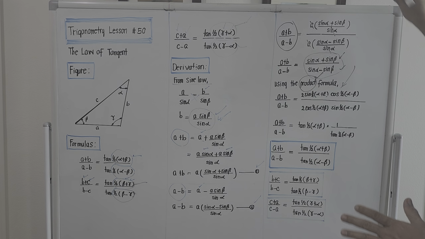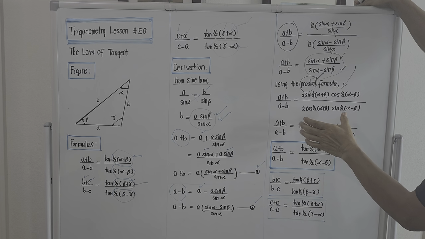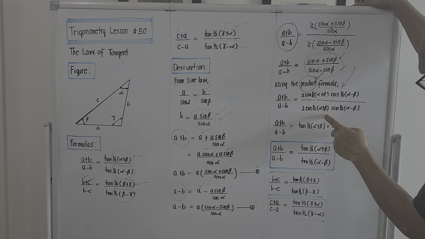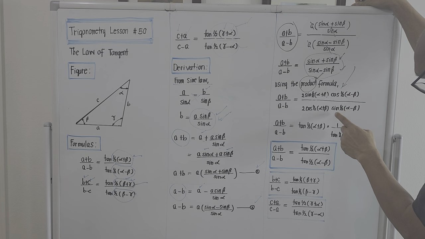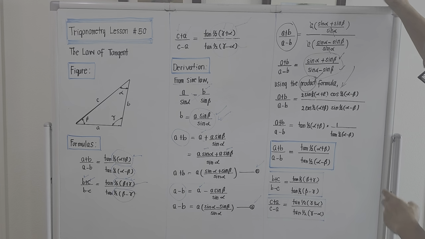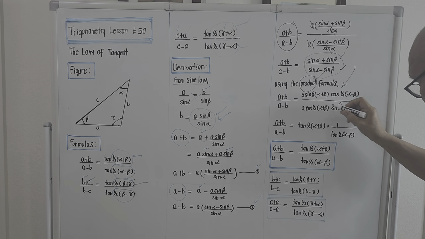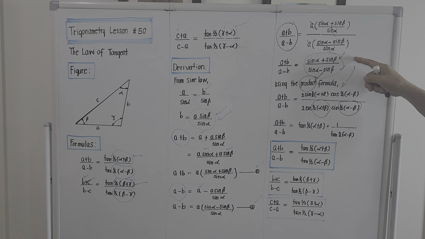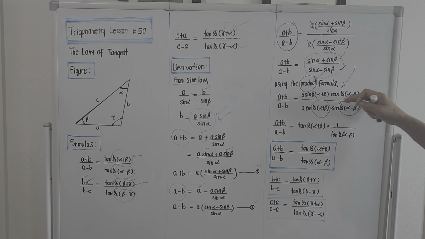And for the difference sine of alpha minus sine of beta, the equivalent will be twice cosine of 1/2 of the quantity alpha plus beta, multiplied by the sine of the quantity 1/2 of alpha minus beta. Okay? So the sum and difference, by recalling the product formula, is equivalent to this.